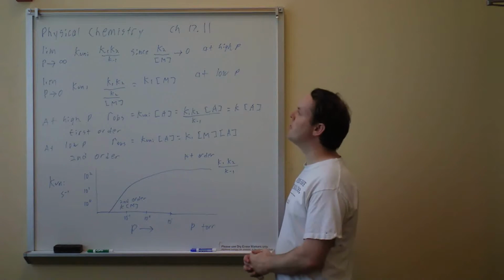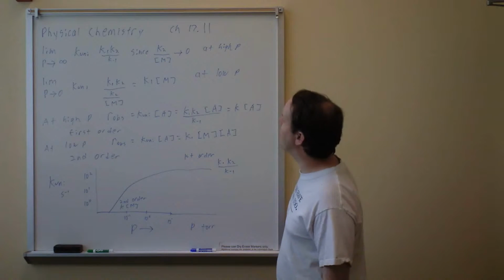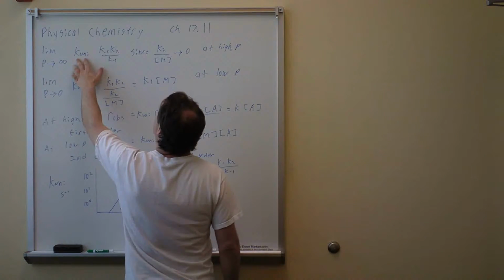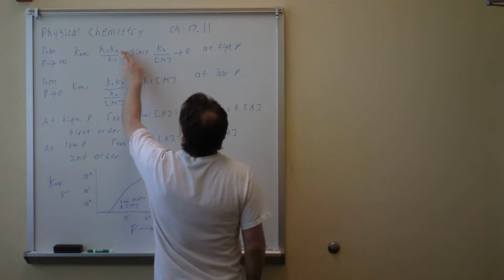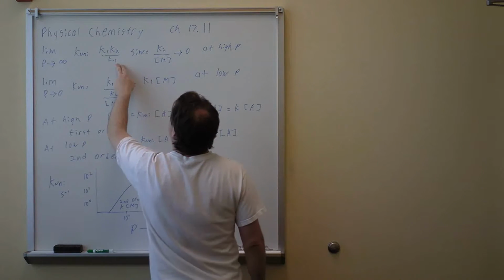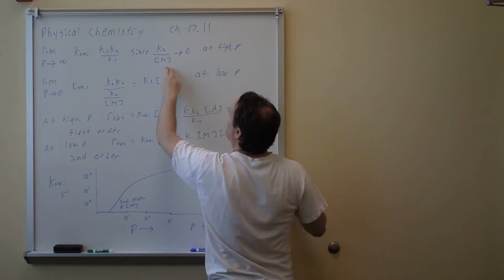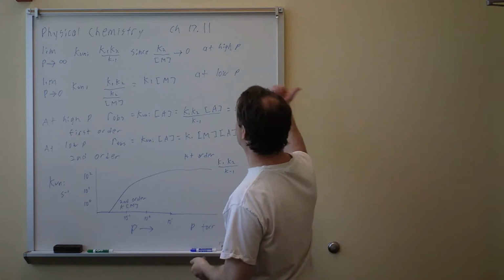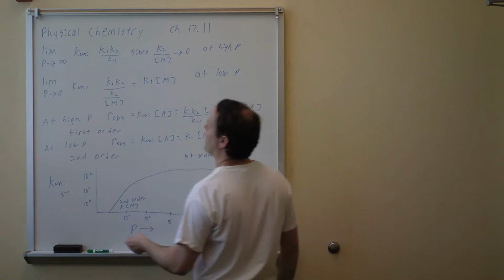Continuing on physical chemistry, chapter 17. This is the last of section 11. The limit as pressure goes to infinity of K unimolecular is going to be K1 times K2 over K minus 1, since K2 over the concentration of M is going to go to 0 as pressure increases towards infinity.